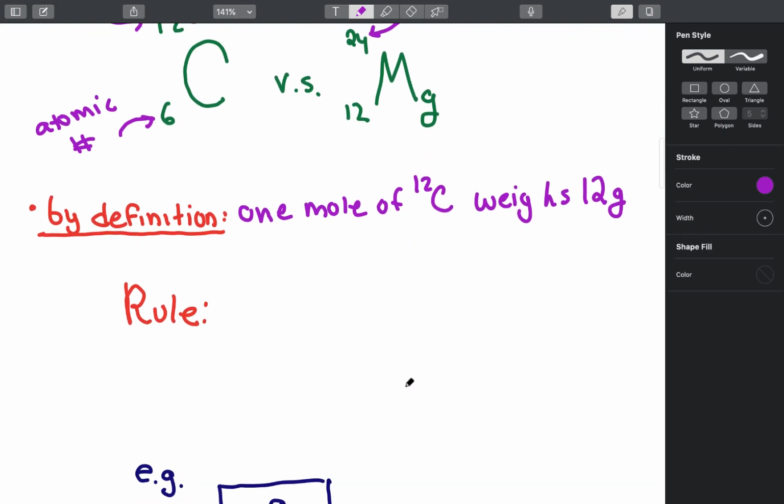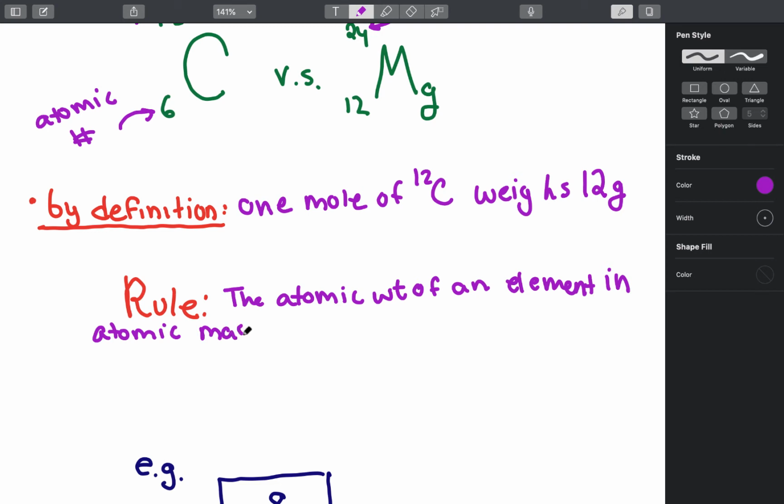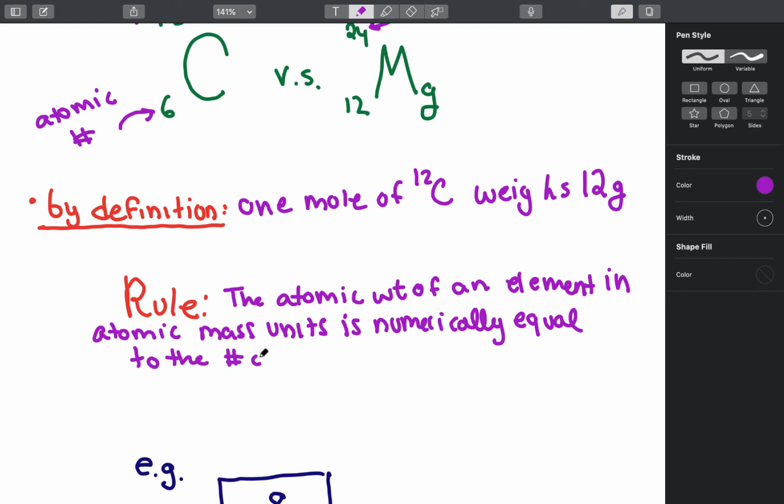So this is the general rule. The general rule is that the atomic weight of an element in atomic mass units is numerically equal to the number of grams in 1 mole.